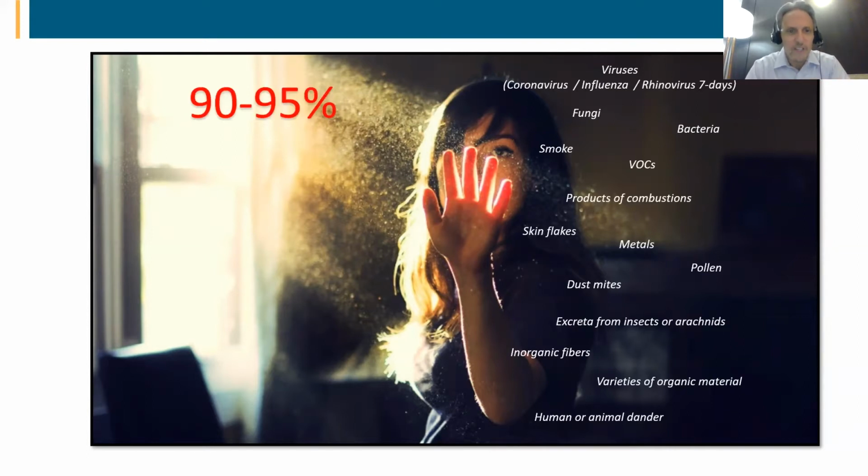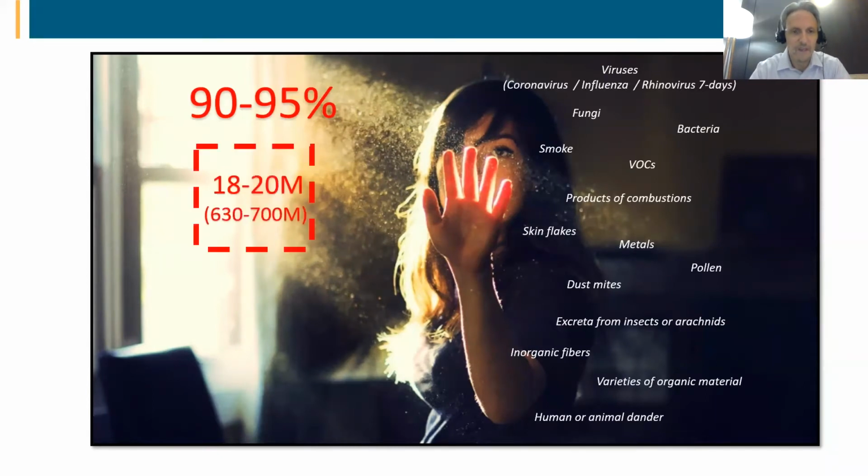Number one, we spend 90 to 95% of our time indoors, in rooms such as what you might see here. In every cubic foot of air, there are some 18 to 20 million particles quite easily, and per cubic meter, between 630 and 700 million particles. As I had mentioned, the vast majority of those particles, some 95%, are smaller than 0.5 micrometers.